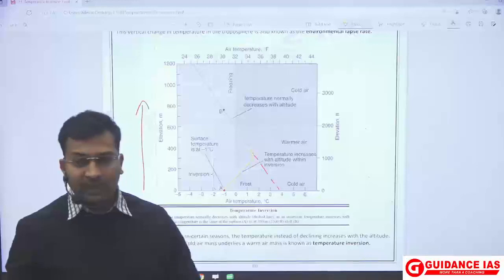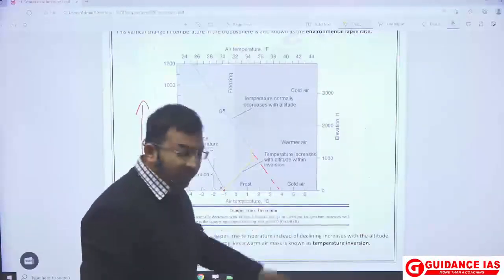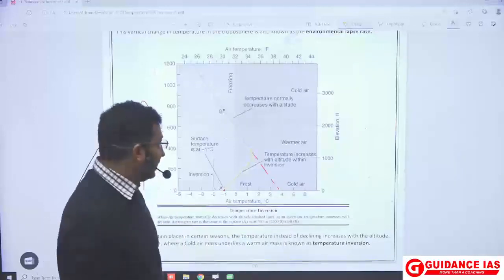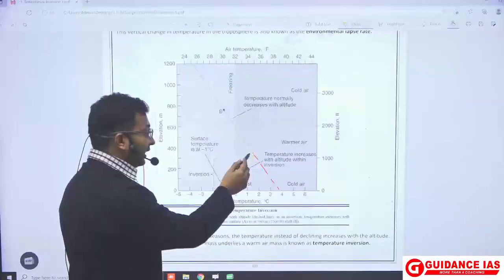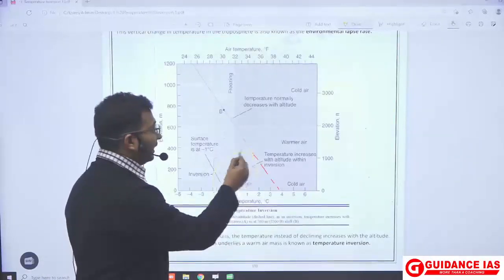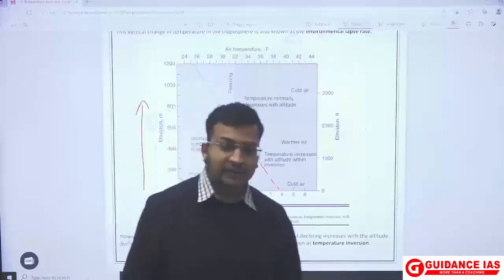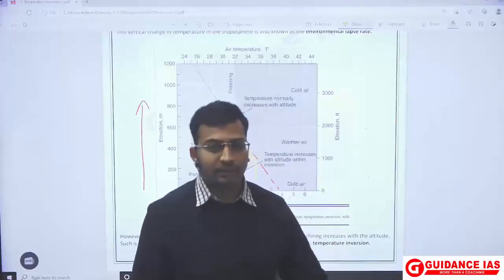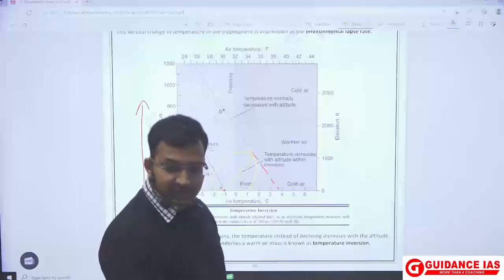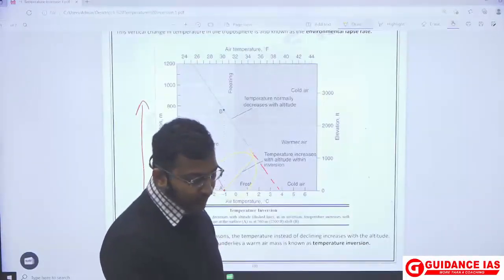All this will be covered in detail in upcoming part, but for time being, just understand that up to certain elevation or certain height, certain altitude, the temperature goes on increasing with increasing height. This concept is called as the temperature inversion. I hope this is clear to all of you.